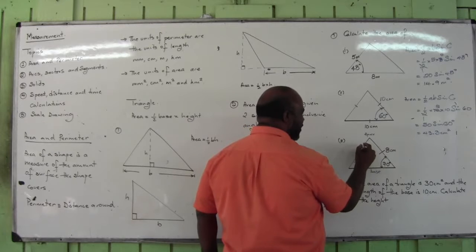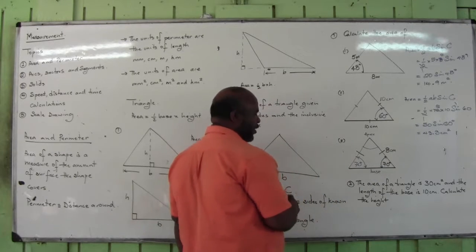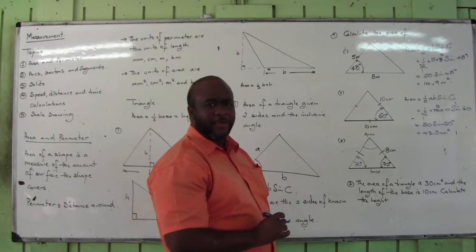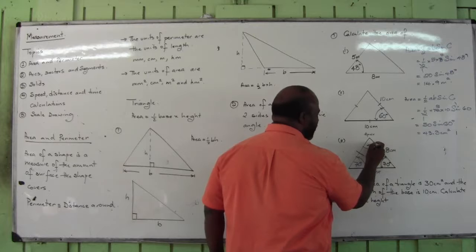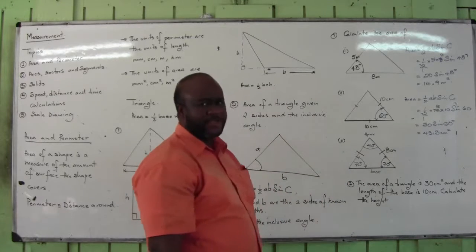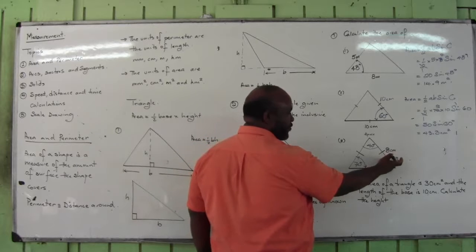Now what is this angle here? Come on people, we're moving too slow. 40 degrees, because the interior angles of a triangle must measure 180 degrees.